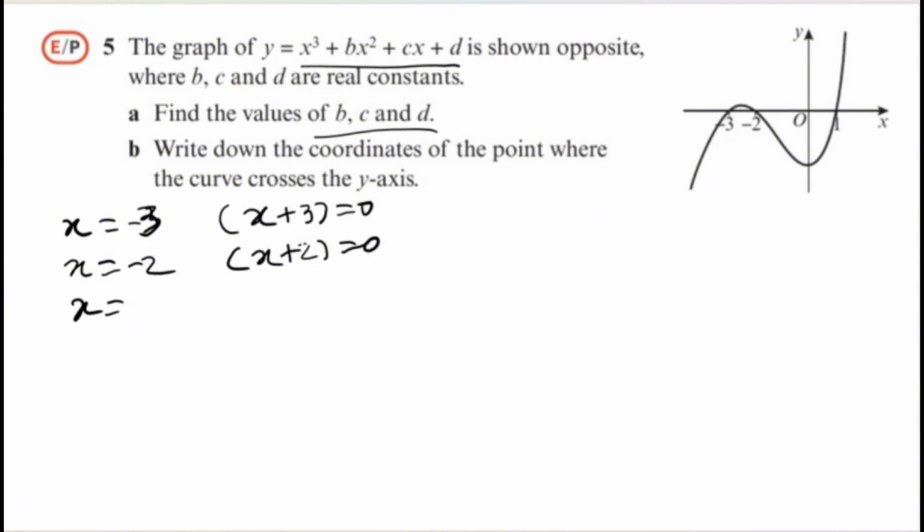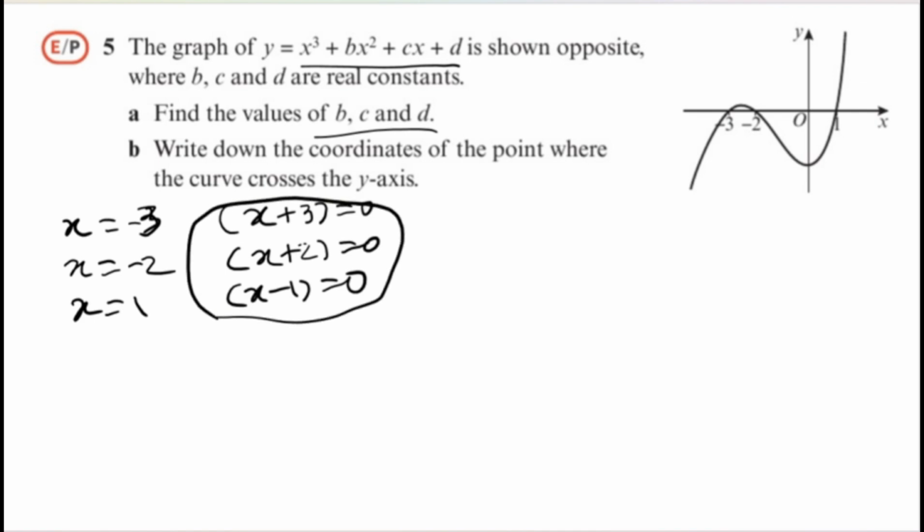And x is equal to 1, so x minus 1 equal to 0. So these are the three factors we can assume from the intersection points. Now we have to put these factors together, (x plus 3)(x plus 2)(x minus 1), and expand it.